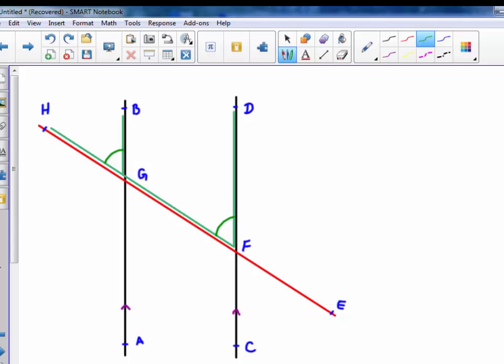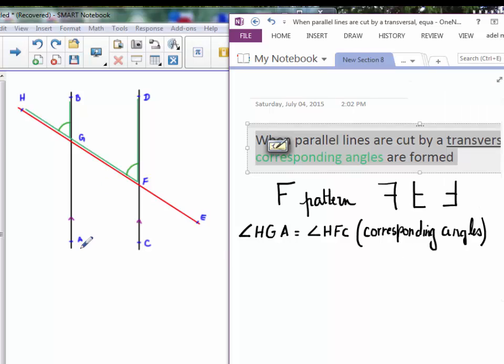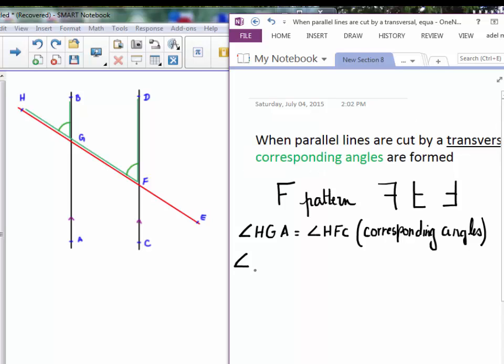So again, I'm going to write this one, I'm going to minimize it, go to this page, and now we can write that angle HGB equal to angle HFG. Both are equal because they are corresponding angles.